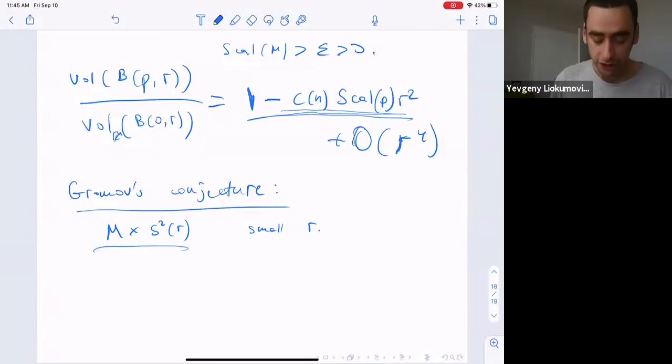And Gromov's conjecture is that all manifolds of positive scalar curvature are in some sense geometrically similar.